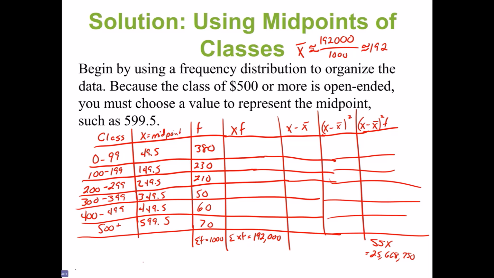So our standard deviation then is going to be approximately the square root of that divided by what? You tell me. 999, so n minus 1. So we end up getting a standard deviation of 160.3.